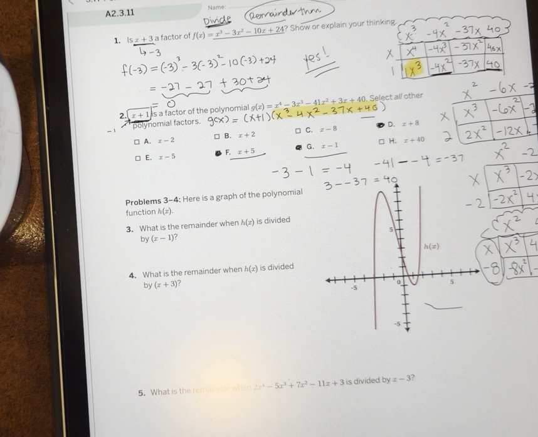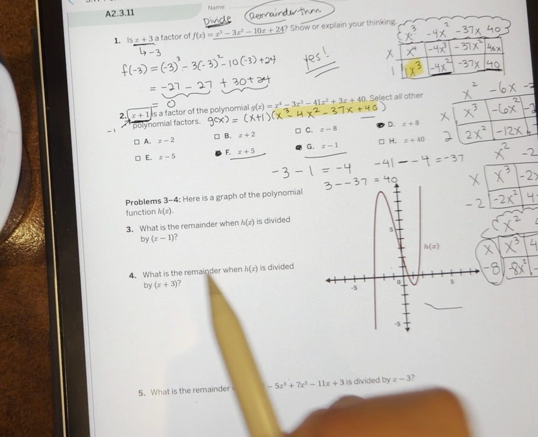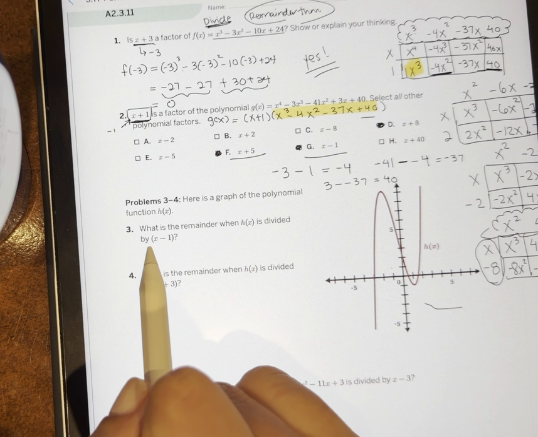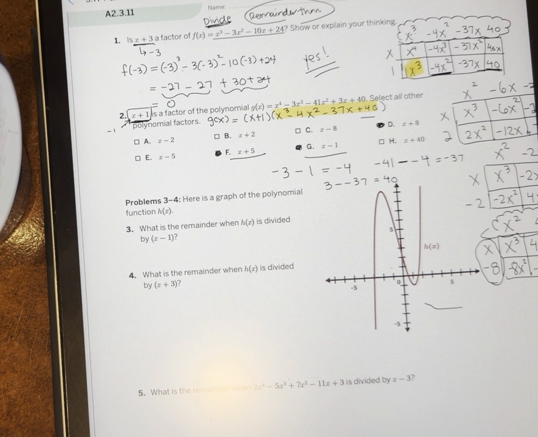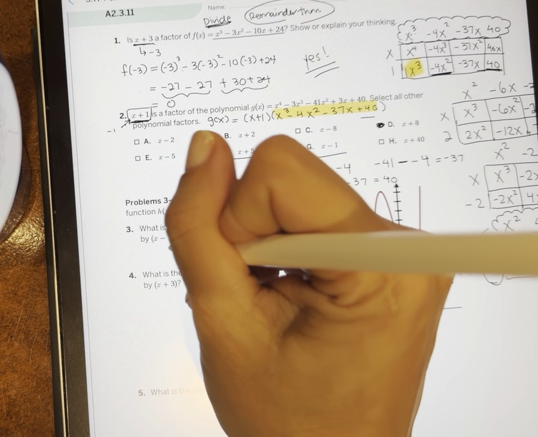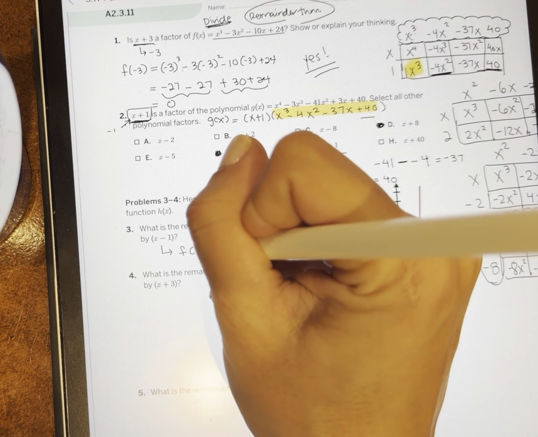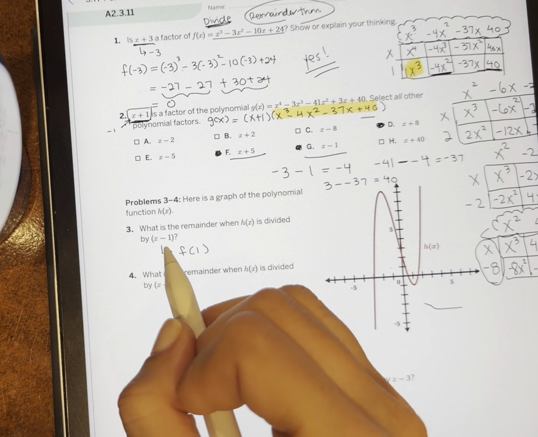Here's a graph of the polynomial function h of x. What's the remainder when h of x is divided by x minus 1? They want to know if you understand how this stuff works. Okay, a factor of x minus 1 is a function value of positive 1.